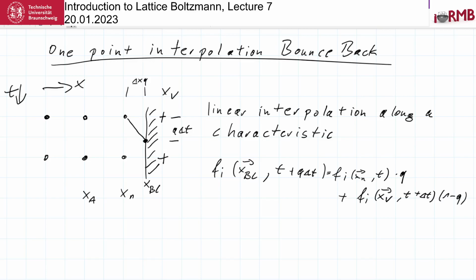Okay, so we are looking at the pre-collision state. So what is the pre-collision state at the virtual node, at the next time step? What is this? The one that is in the pre-collision state at the node next time step in the node in the wall.